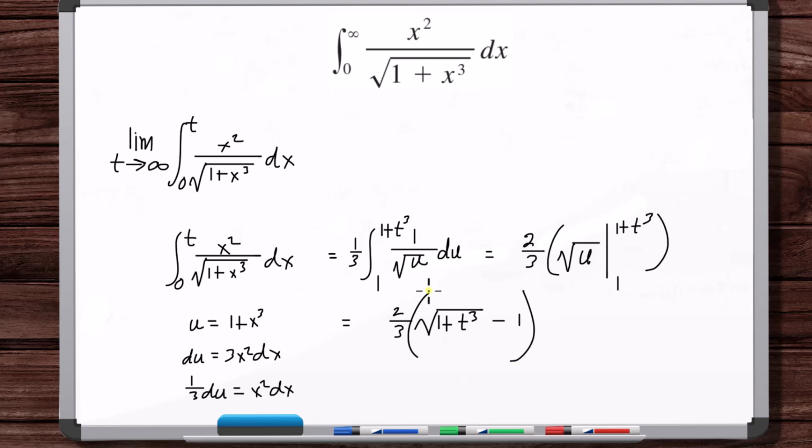There we go. So we could take out the 2/3 here and then take the limit as t approaches infinity of... so this goes to infinity, infinity minus 1 goes to infinity, so this diverges to infinity.